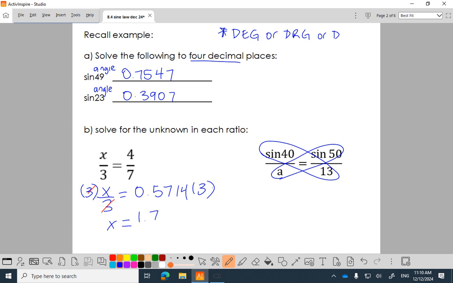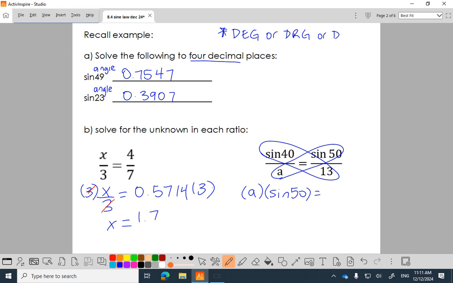Sine 50, not a nice number. So I am going to leave them as they are. I want the unknown to be on the left. That doesn't matter, but most students would prefer that. So a times sine 50, and then sine 40 times 13.